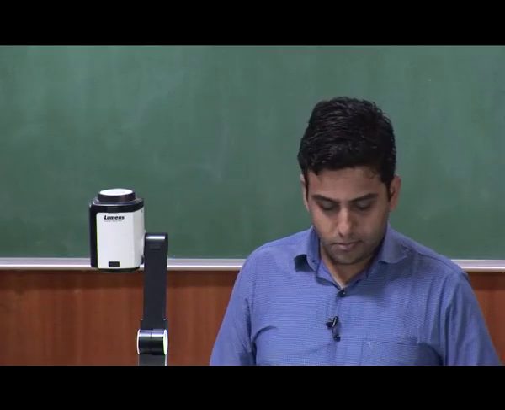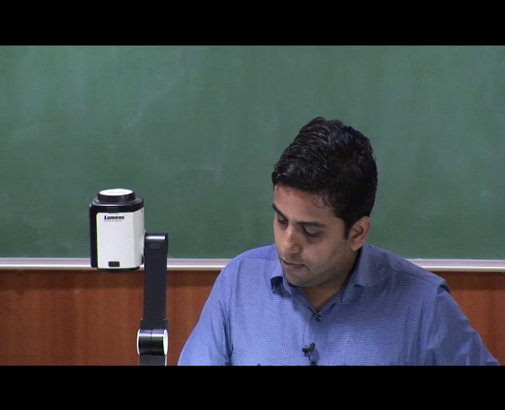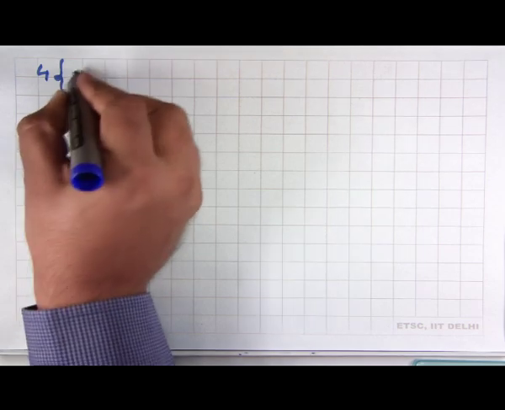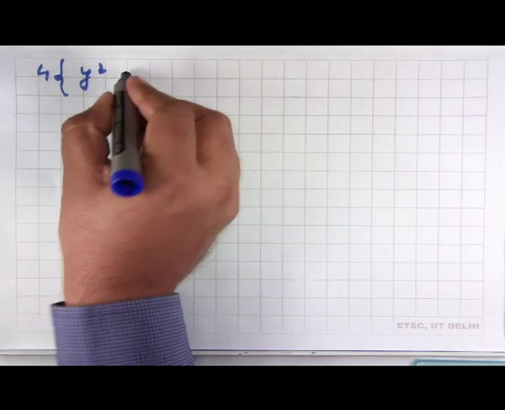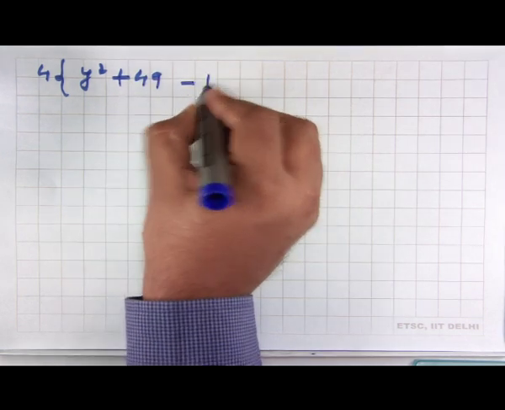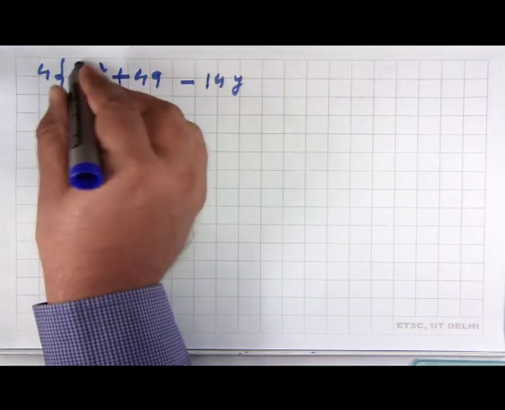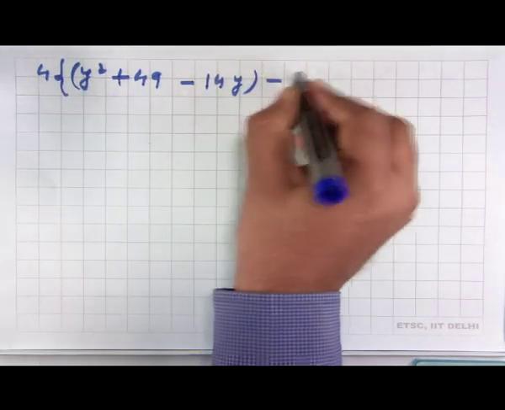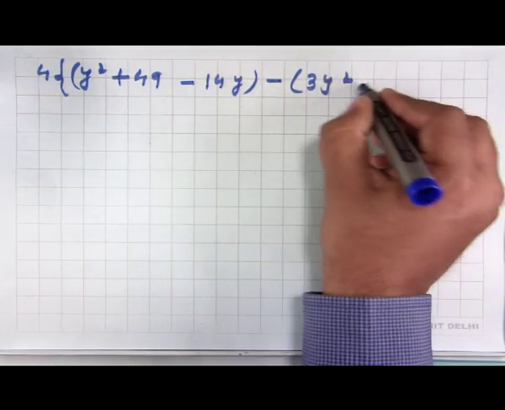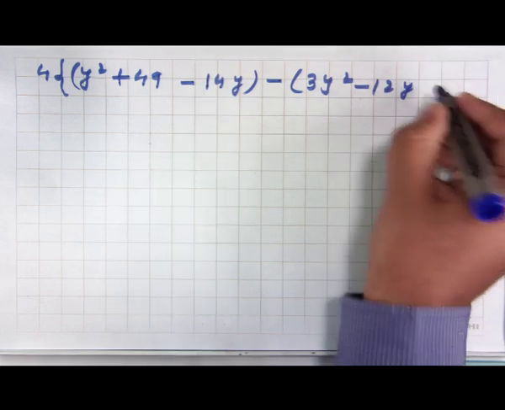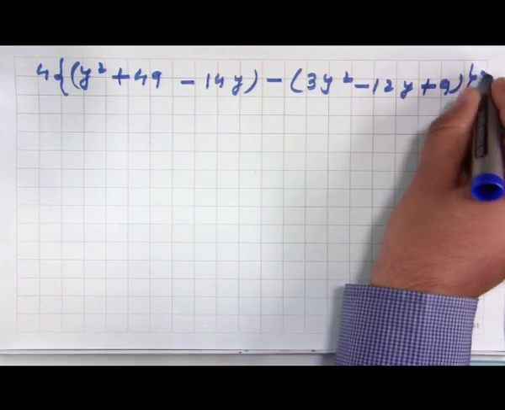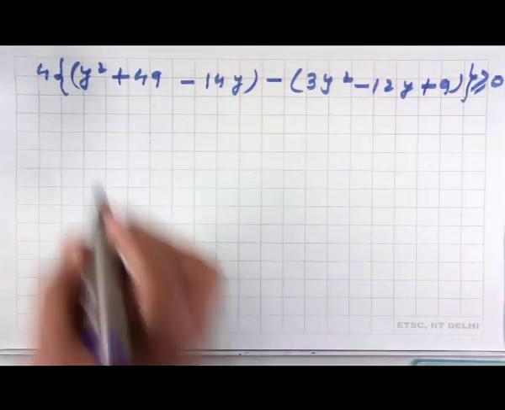Now, 4 times y square plus 49 minus 14y, now it is 3y square minus 12y plus 9 is greater than or equal to 0.